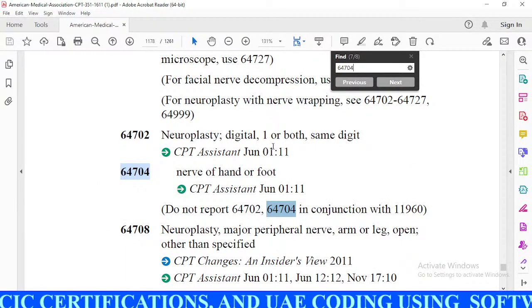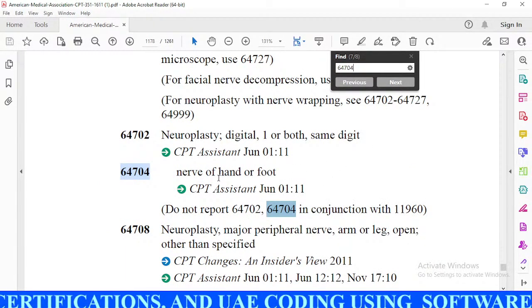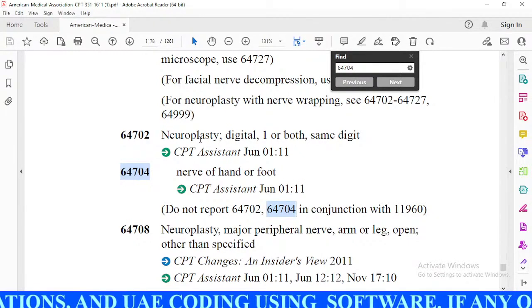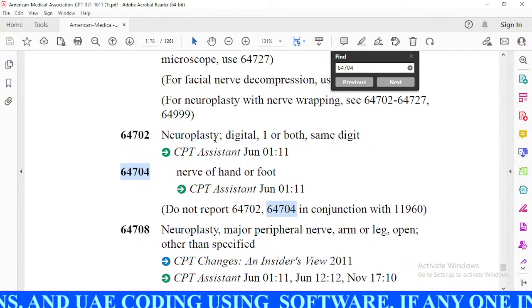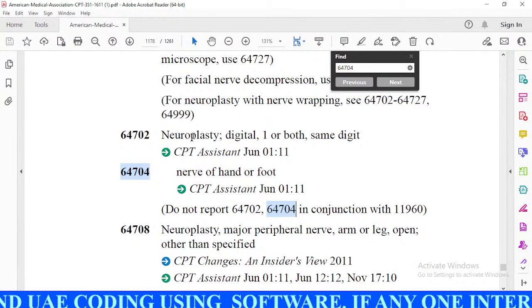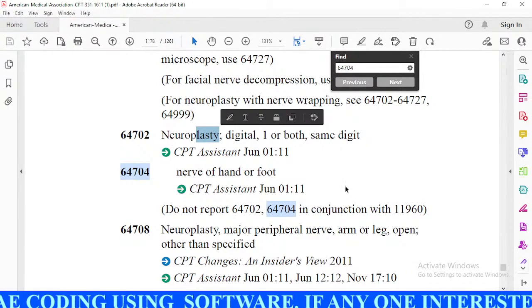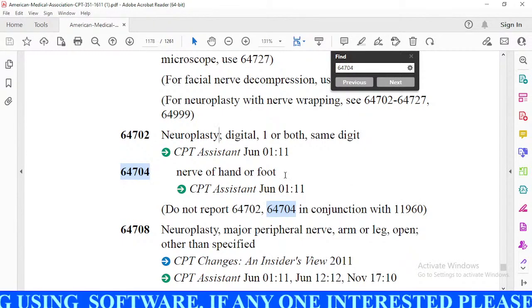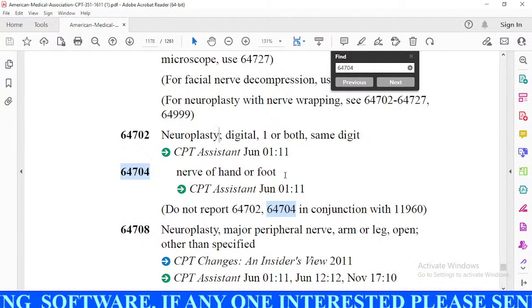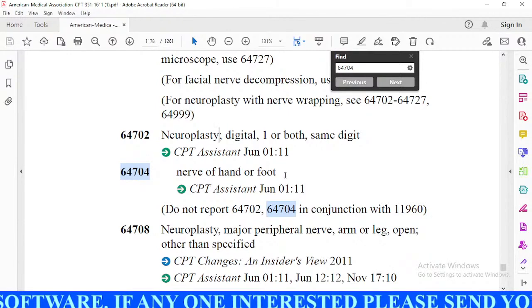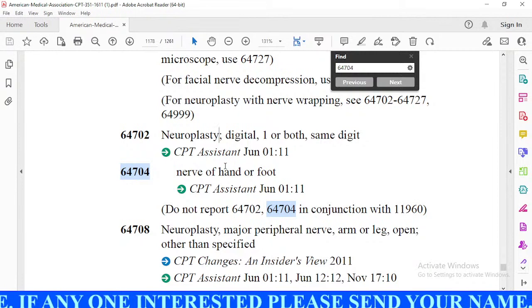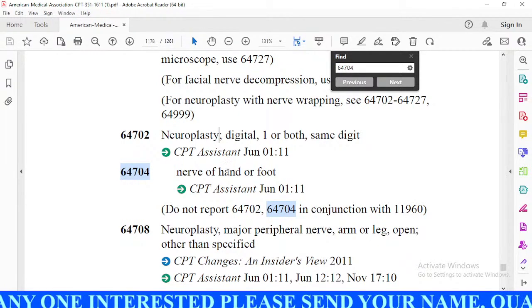Here it is neuroplasty, digital one or both same digit nerve of the hand or foot. So this is a neuroplasty, not decompression. Neuroplasty means plasty means repair, neuro means nerve. So it is like repair of a nerve of the hand or foot. The code description does not contain median nerve. So 64704 is the wrong answer. So we will check 64713.